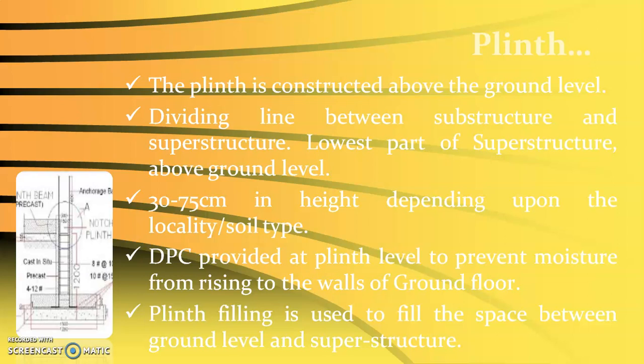Plinth filling is used to fill the space between ground level and superstructure. This plinth filling is generally made up of murum, brick bats or any kind of waste construction material too. This helps to fill the voids between the ground level and the starting of the ground floor.